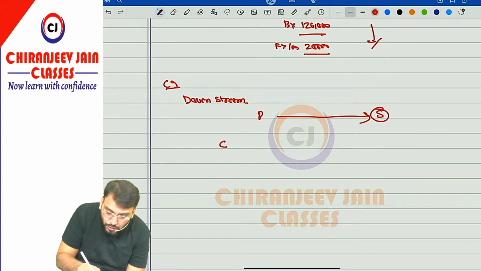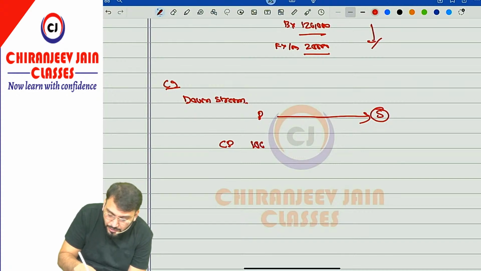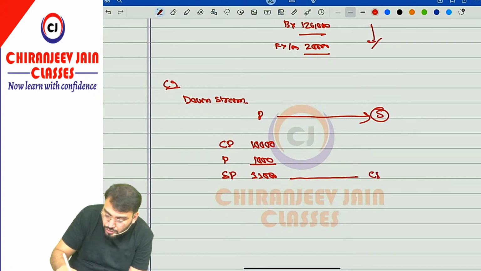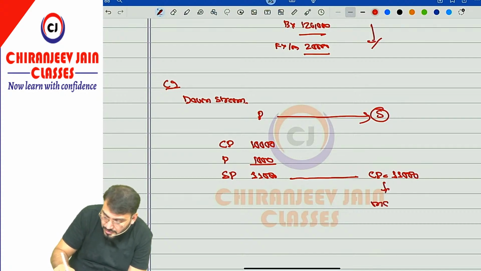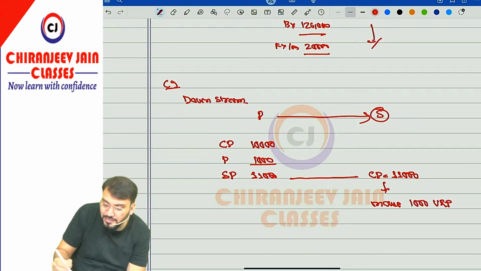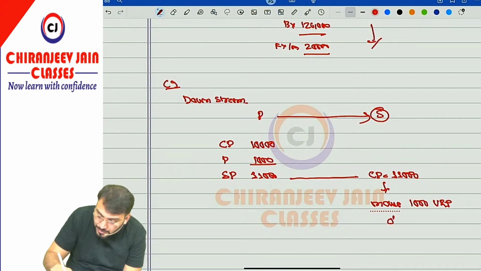Suppose goods costing rupees 10,000 have been sold at a profit of rupees 1,000, so sold at rupees 11,000. This becomes the cost price of stock of the subsidiary company, and this includes 1,000 profit, unrealized profit. URP means unrealized profit of the parent company.